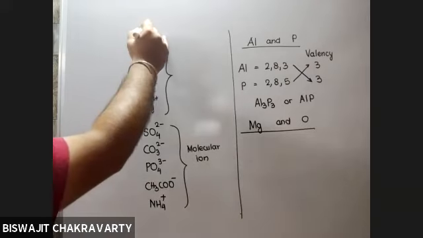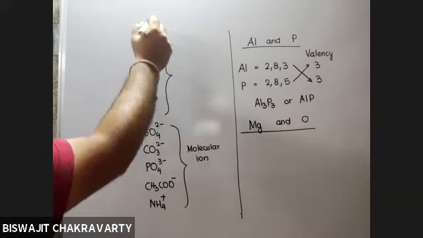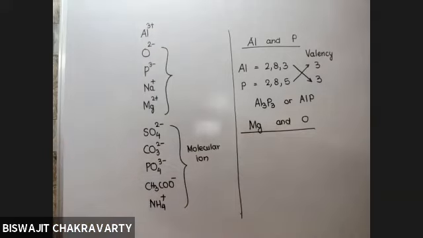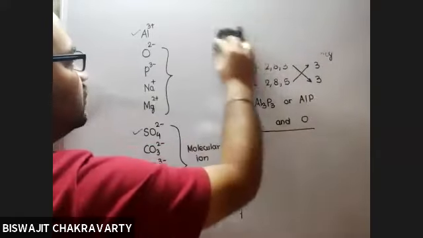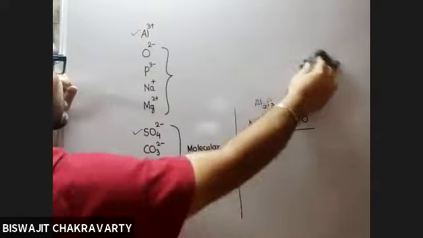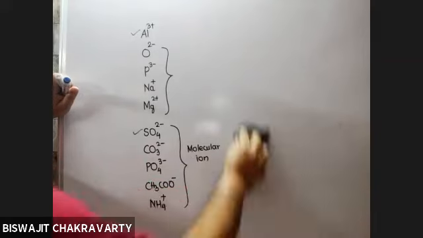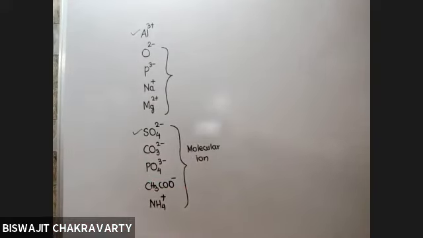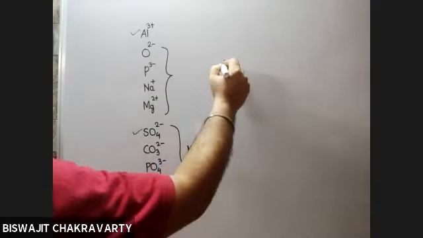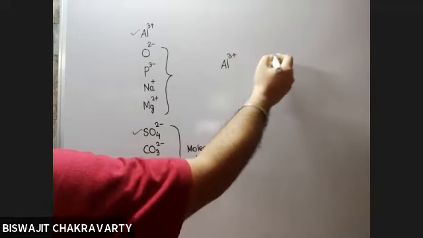Now suppose I have aluminium ion and sulfate ion. They will combine with each other through ionic bond because they are ions. And we are given the task to find out the formula that they will produce. So the same concept you will apply. Aluminium 3 plus.